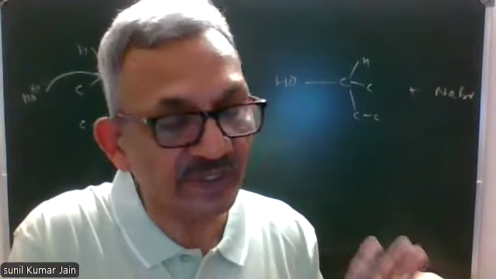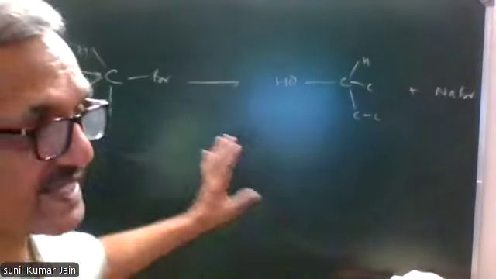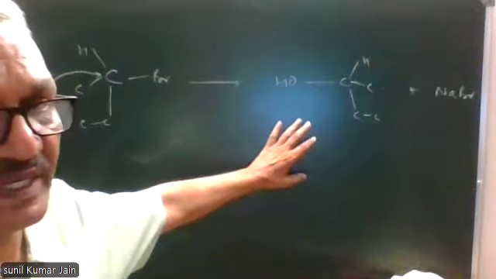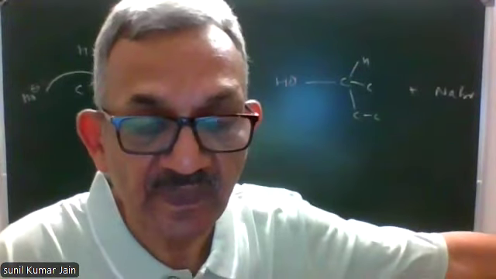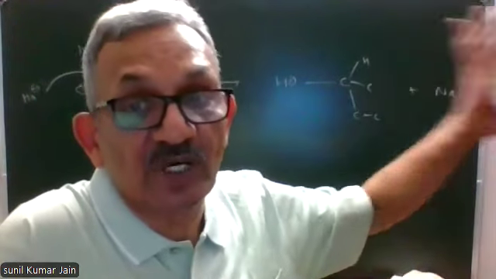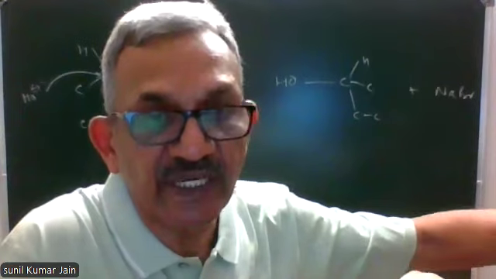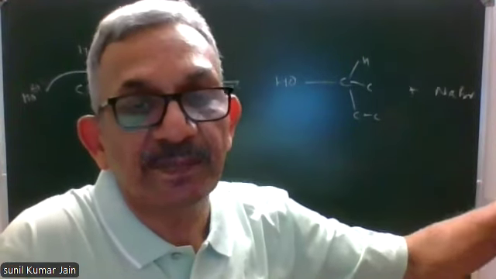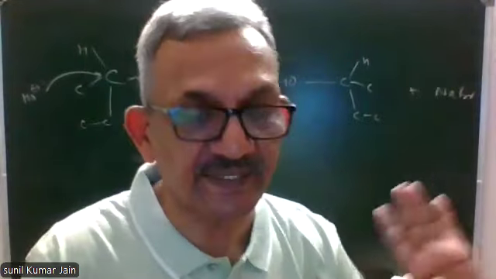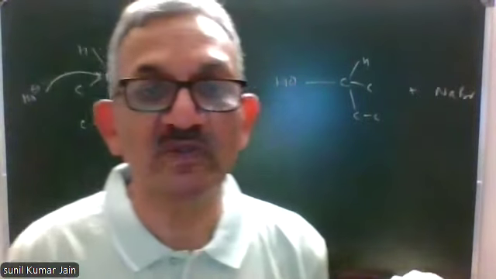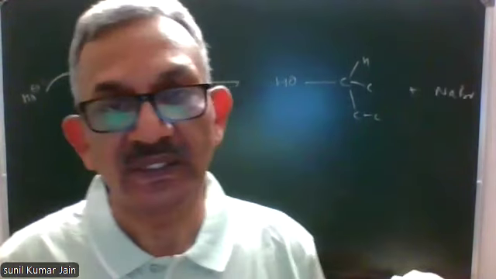So as far as your competitive exams are concerned, we will only say that during the SN2 mechanism, inversion of configuration takes place, and the product formed may be dextro or levorotatory depending on the priority order of substituents attached to the chiral center.